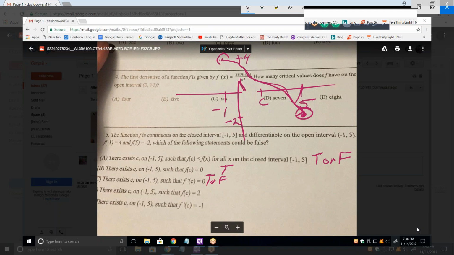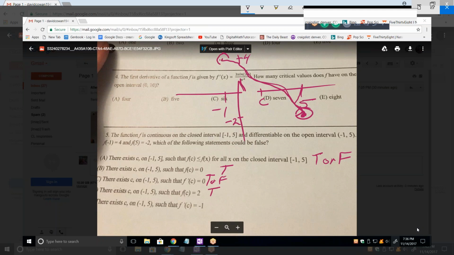There exists a C on the open interval so that f of C is equal to 2. That's true. For the same reason that there has to be an f of C equal to 0.